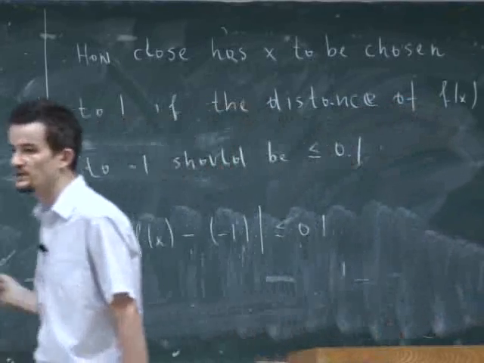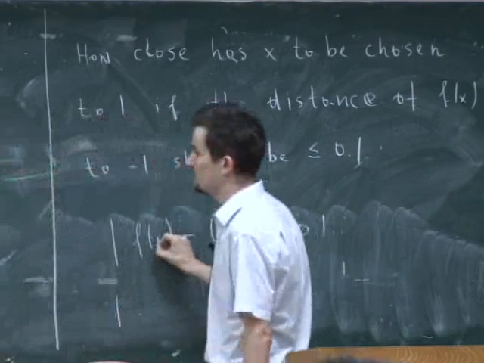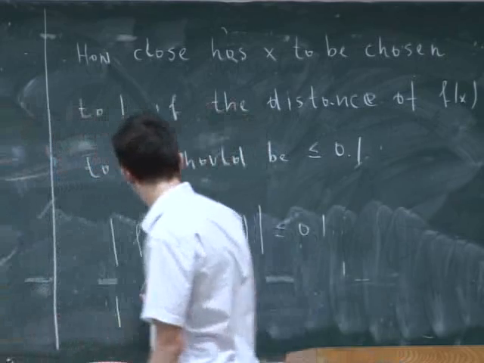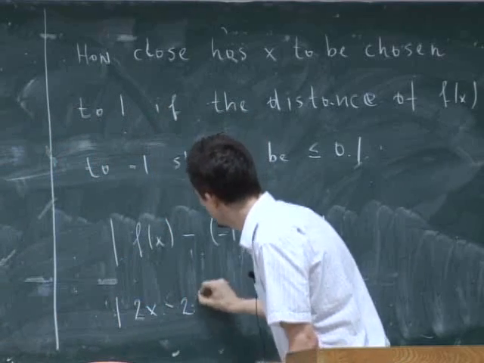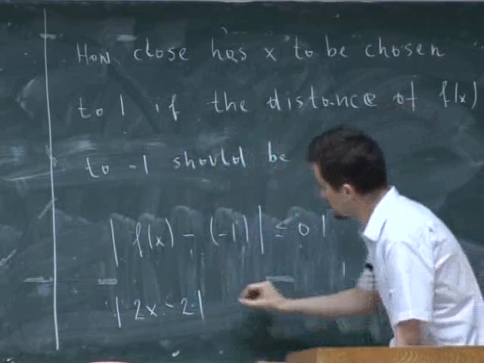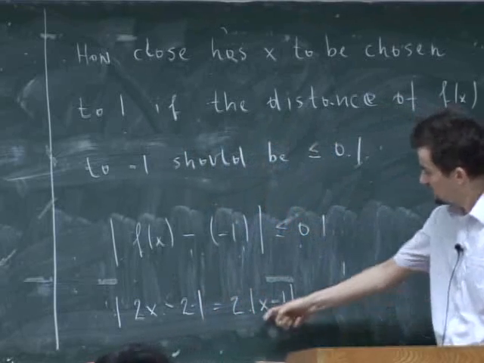Now, of course, from this we can easily compute this. We just plug in f of x, so we get the absolute value of 2x minus 3 plus 1, which is 2 minus... we can write this as 2 times the distance between x and 1.